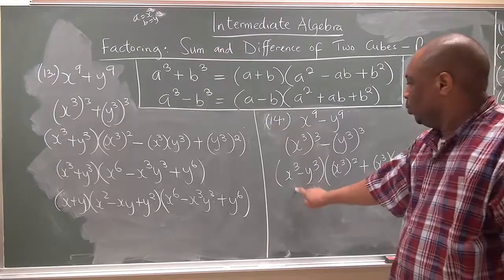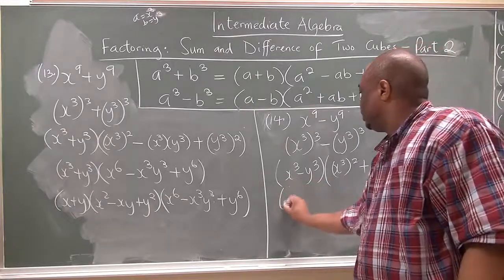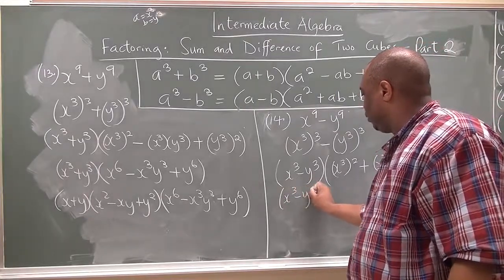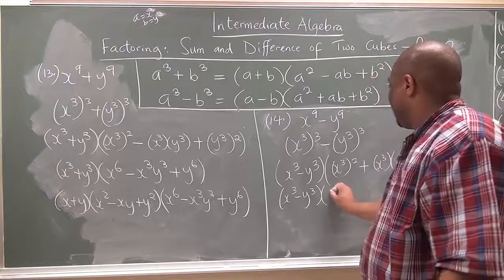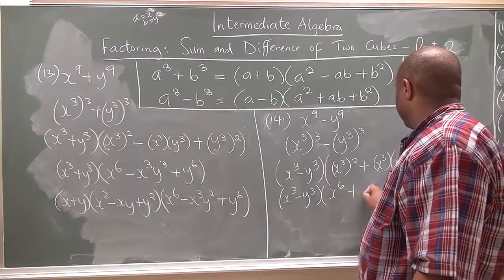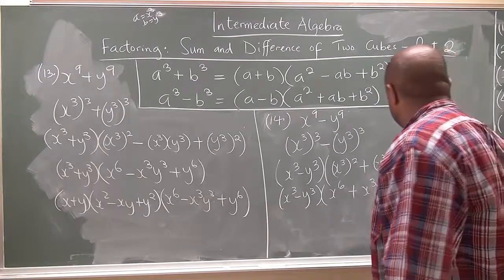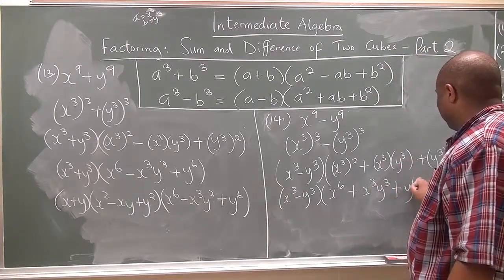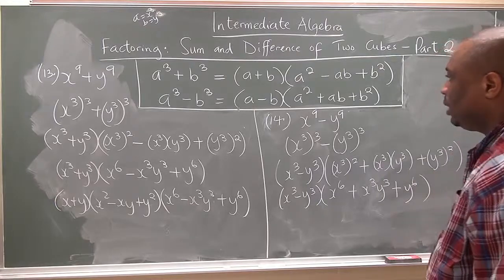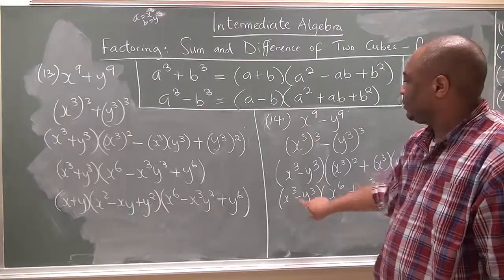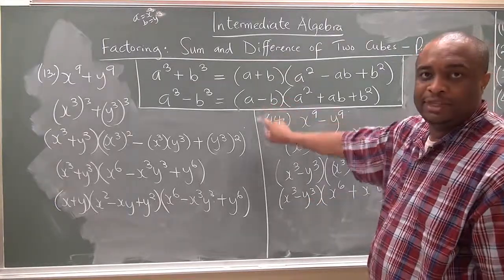Okay? So we will still come down to this. X cubed minus Y cubed times X^6 plus X cubed Y cubed plus Y^6. Okay? And then you find X cubed minus Y cubed. You still use difference of two cubes.